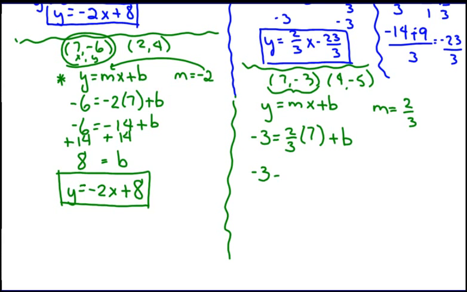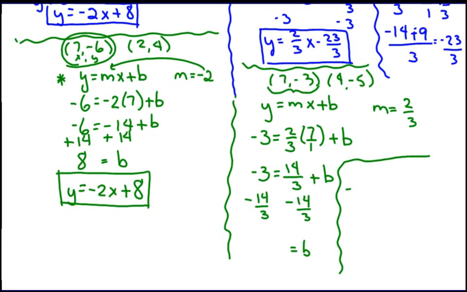Negative 3 equals, now in order to multiply these together, I'm going to put a 1 under the 7, multiply across. 2 times 7 is 14, place that over 3, and then I have plus b. So at this moment, I am ready to subtract 14/3 from both sides. The fractions make it tougher, but we certainly can do this. So once more, doing the messy stuff over here, I've got negative 3 minus 14/3.